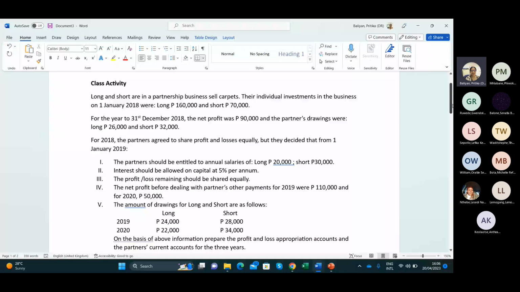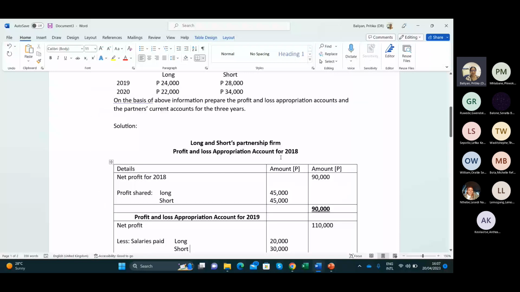During the year, the net profit was 90,000 and they withdrew 26,000 and 32,000. Up to 2018, they were sharing the profit equally, so there was no other arrangement and no other benefits paid. So we prepare the profit and loss appropriation account for 2018.